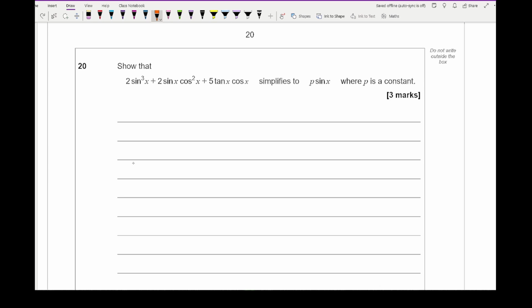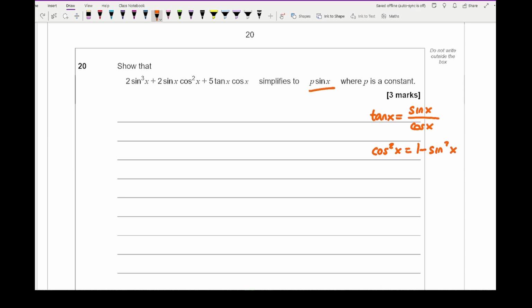We know that tan x equals sine x over cos x, and we also know that cos squared x is equal to 1 minus sine squared x.